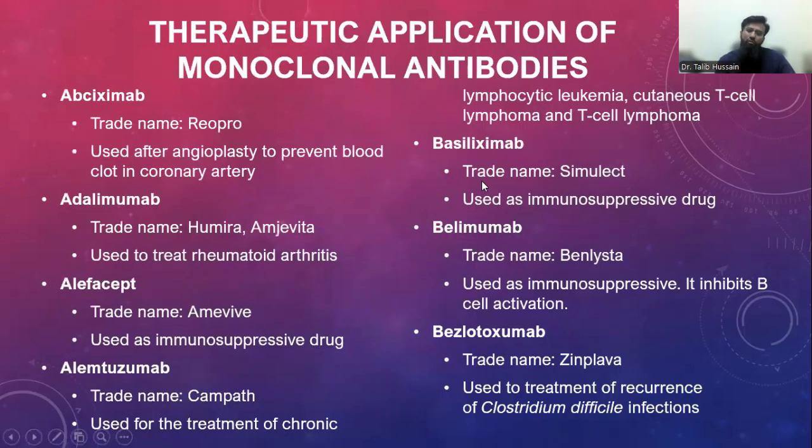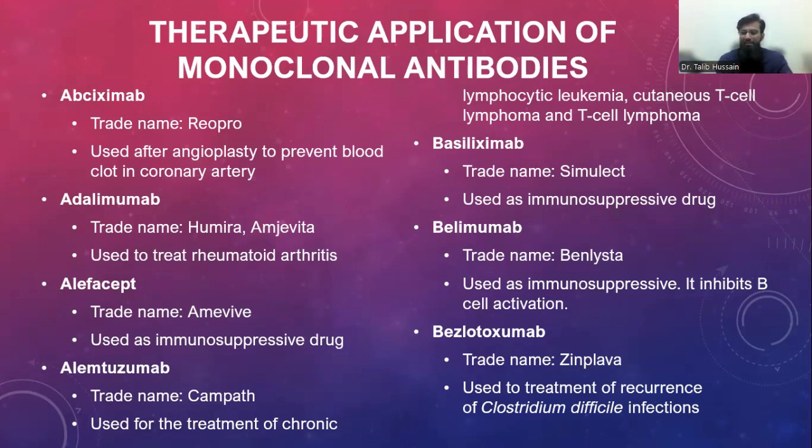From here, we will move to the therapeutic application of monoclonal antibodies. Here are multiple slides with the trade names. Trade names means they are registered and being used for therapeutic response. These are the monoclonal antibodies used for multiple diseases.